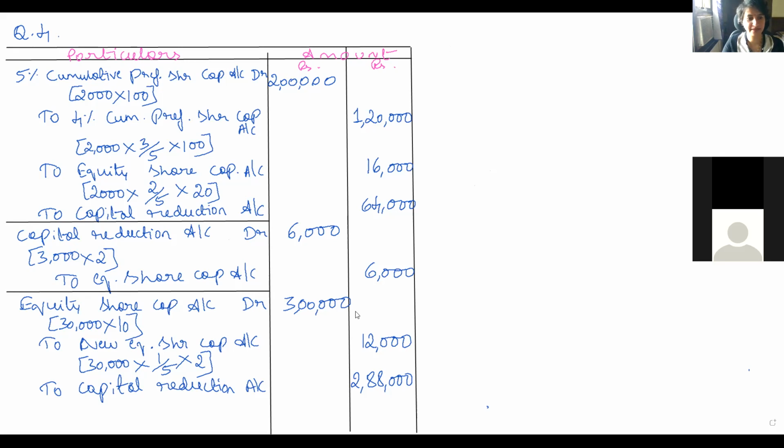कौन सा है क्वेश्चन में? Yes, capital reduction account debit, है ना? Now the entry will be capital reduction account debit, last entry. Yes, can you tell me which are all the assets which are written off? कौन सा है? 1 by 1.